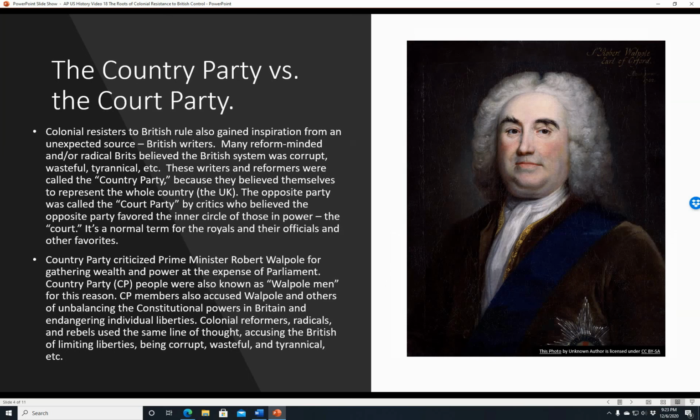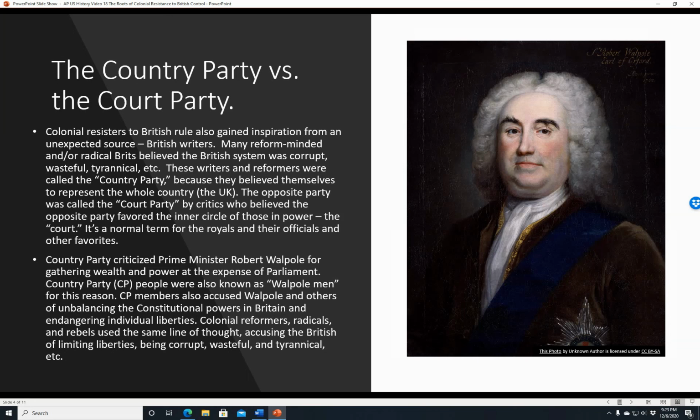Many reform-minded and or radical British believed that the British system was corrupt, wasteful, tyrannical, etc., much like many modern-day Americans feel that about the current American government, that it's corrupt, wasteful, tyrannical, etc. So it's not that ironic that British writers themselves would be among the biggest critics of the British system, because many Americans are the biggest critics of the American system today. These writers and reformers were called the Country Party because they believed themselves to represent the whole country, Great Britain or the UK, the United Kingdom.